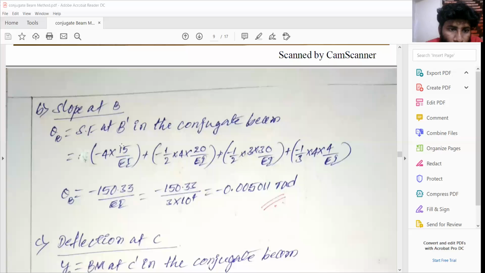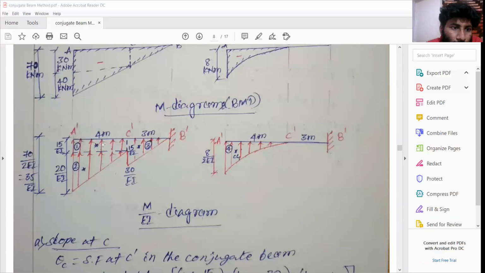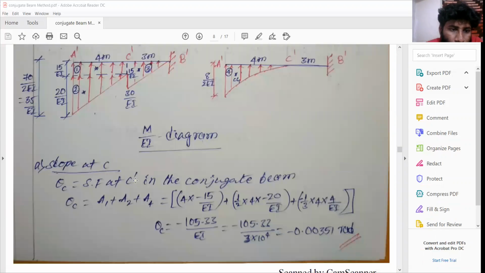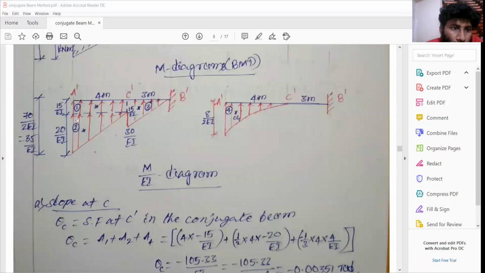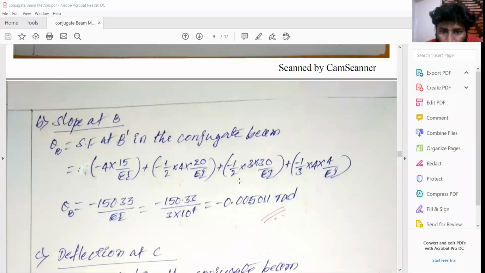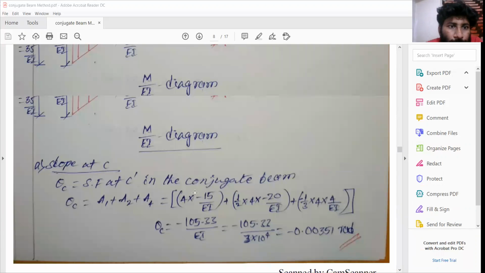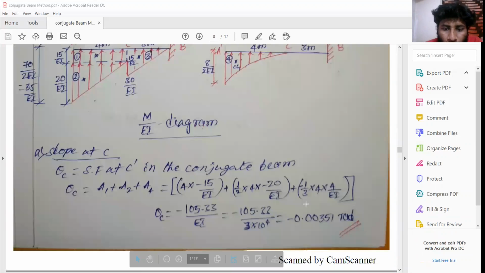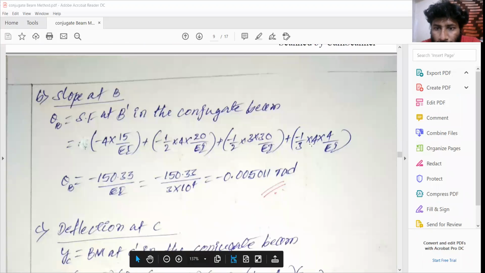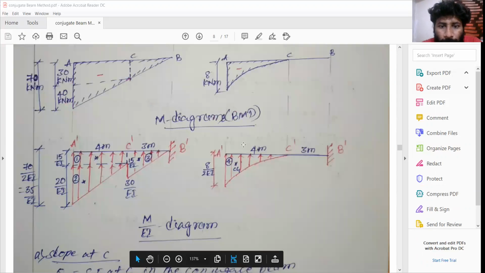So minus 4 by 15 by a is the first area, plus minus 1 by 2 into 4 into 20 by a, this triangular area, plus minus 1 by 2 into 3 into 30 by a, the third triangle here, then again plus minus 1 by 3 into 4 into 4 by a, this area.